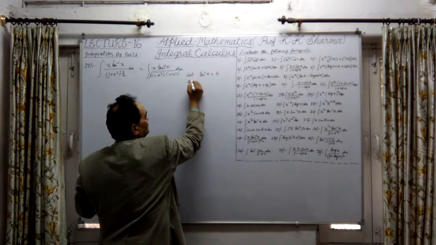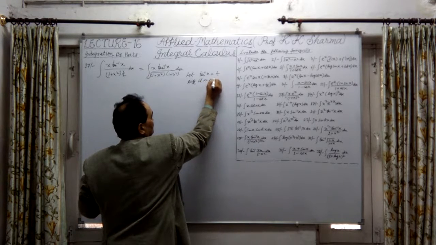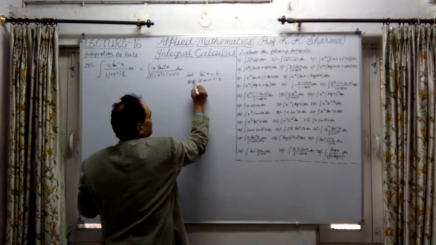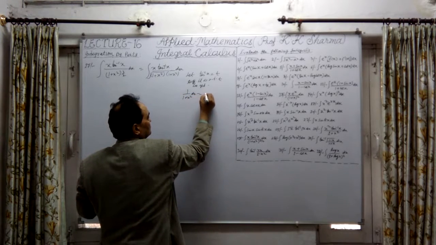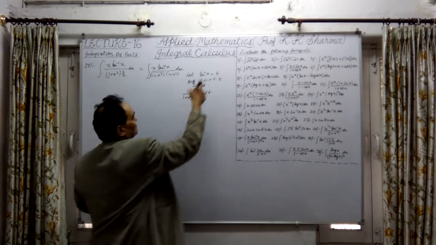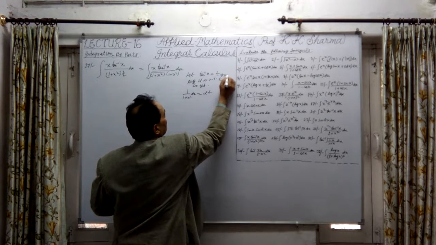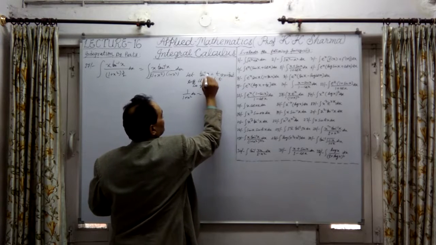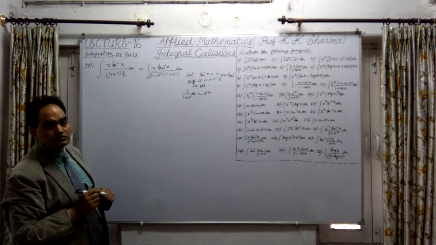Therefore, differentiating it with respect to t, we get 1 upon 1 plus x square into dx equal to dt. So from tan inverse x equal to t, this implies that x equal to tan t.